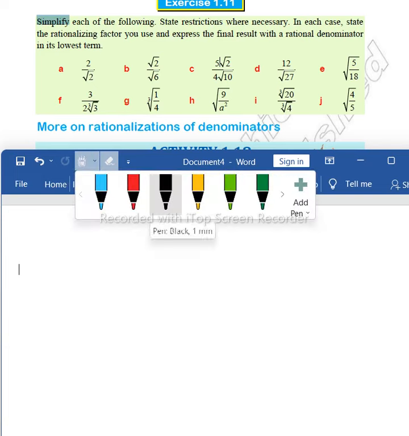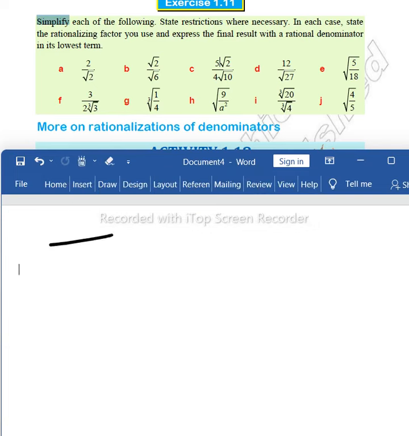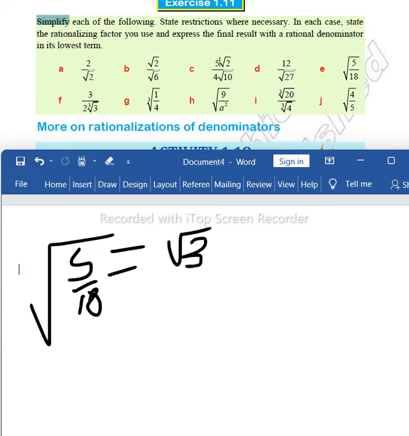Under E we have the square root of 5 over the square root of 80. Sorry for the miswriting. So the square root of 5 over the square root of 18.